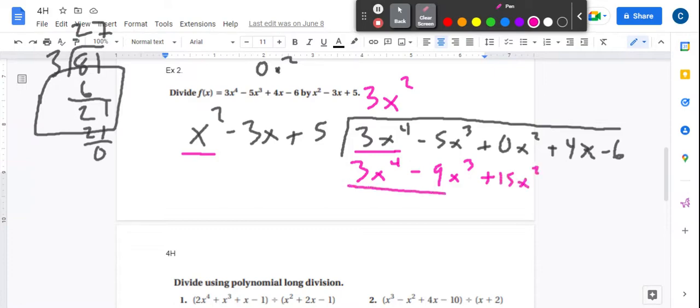So we're going to pull this down and subtract. Okay. 3x to the fourth minus 3x to the fourth is 0. That cancels out. Negative 5x cubed minus negative 9x cubed really gives us 4x cubed.